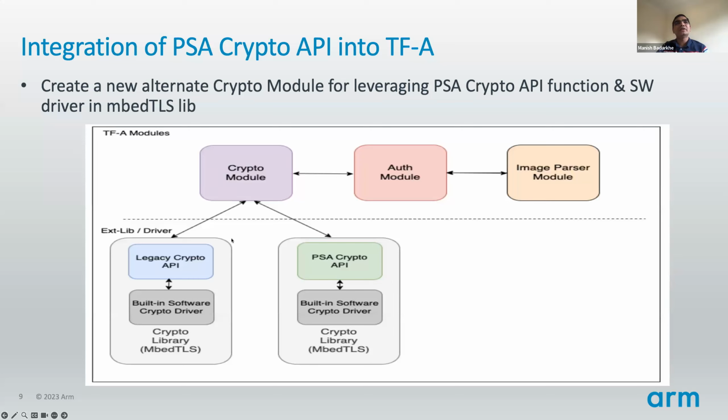And so instead of registering this particular driver, we are now registering the PSA crypto driver, which calls all the PSA crypto APIs inside for the hash calculation, hash verification, and authentic signature verification.